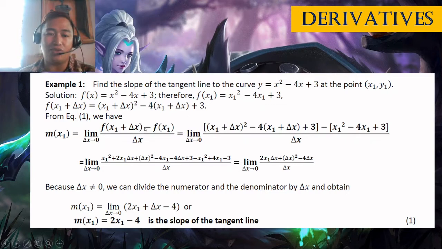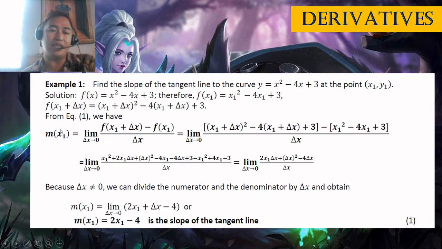Next, for our formula for m of x sub 1, we need f of x sub 1, so we replace x with x sub 1. Next, f of x sub 1 plus delta x: we substitute into f of x, so it is squared, minus 4 times x sub 1 plus delta x, plus 3.